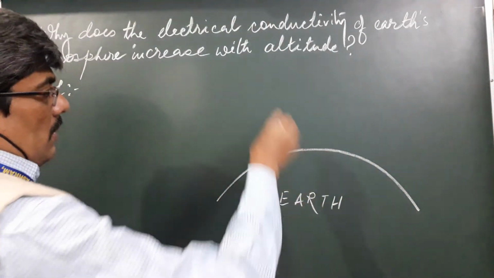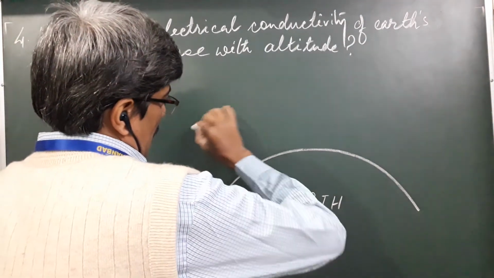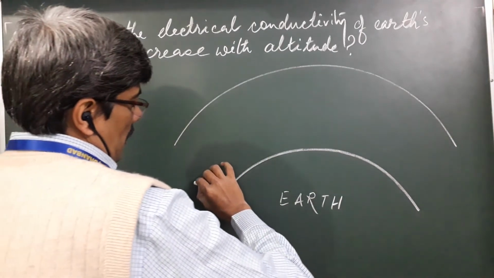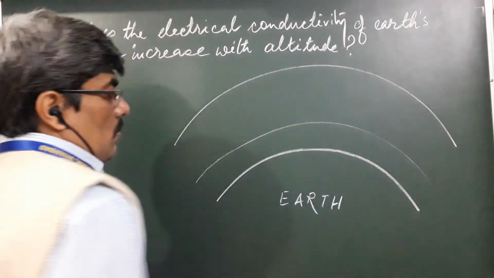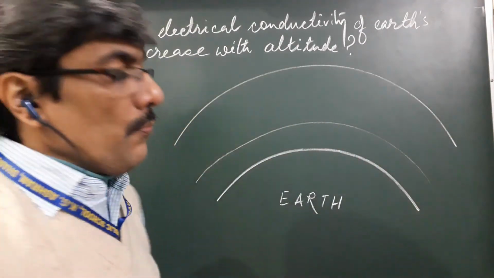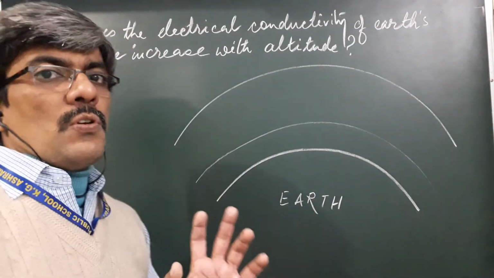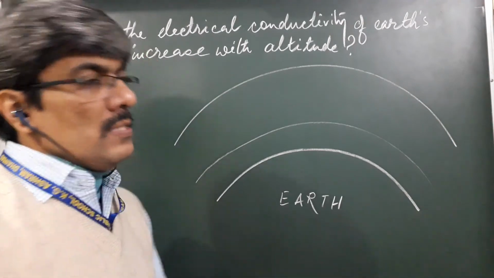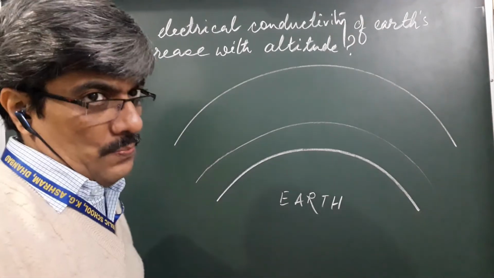The Earth has an atmosphere, and this atmosphere has various layers, in terms of density of gases, in terms of density of ions.